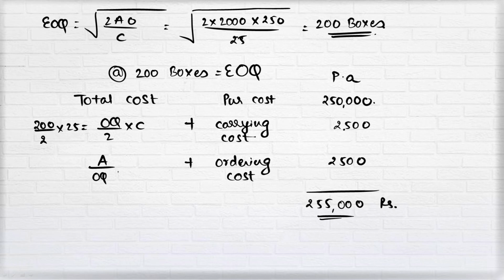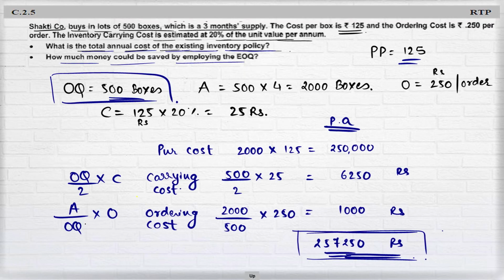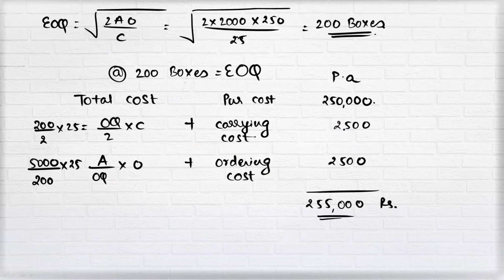A divided by OQ multiplied by O: A is 2000, so this is 2000 divided by 200 multiplied by 250. Answer should be 2500.